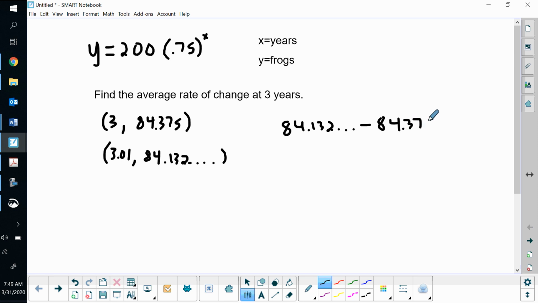84.375 over, I've got to be consistent, so I'll start with the x that matches with the y I started with. And then we'll just punch that in our calculator.